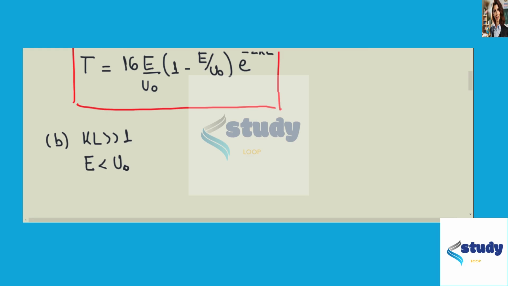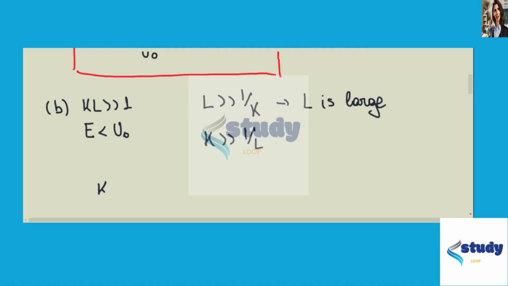Well, notice that for KL to be much greater than 1, either L is much greater than 1 over K, in which case the barrier is wide, so L is large, or K is much greater than 1 over L. Now notice that K is the square root of 2m times u0 minus e.